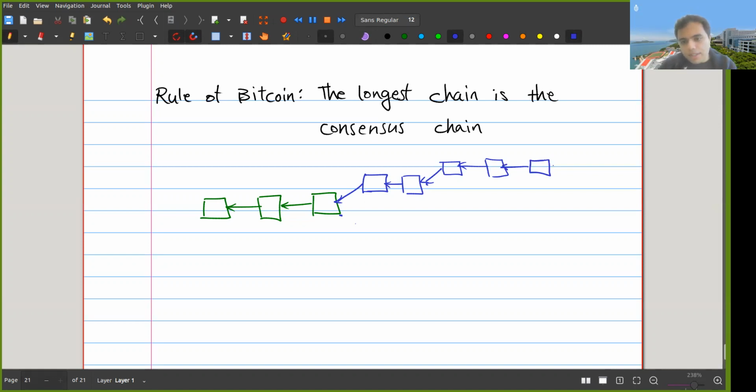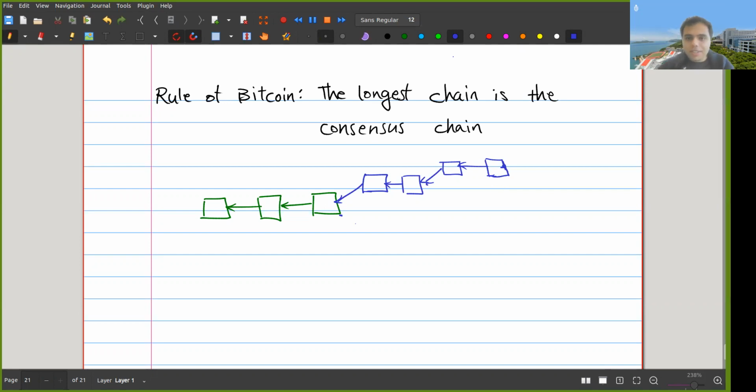So if the block contains an invalid transaction, then the whole block is invalid. So if someone sends you a block and you as a node look into it and see, oh, it has a transaction that is invalid, for example, double spending, you would just ignore this block, even if it has the right hash. So having the right hash is not the only condition, it's just one of many conditions.